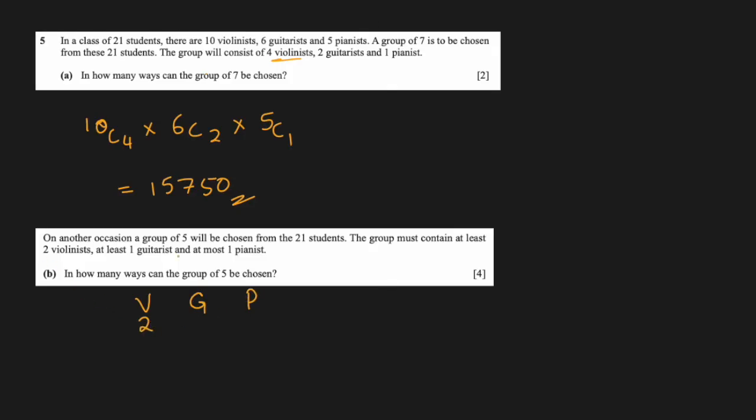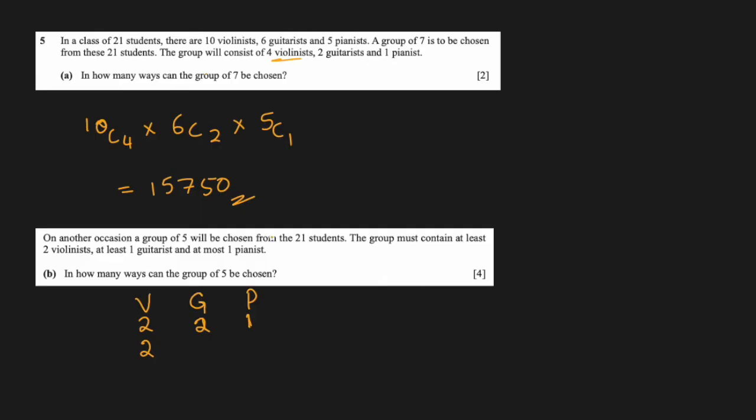So we'll start with the at least. It is not 5 yet. That means we will have to put a 2 here. So it becomes at least 2 violinists, at least 1 guitarist and 1 pianist. Okay, so again we'll increase this one to 3.